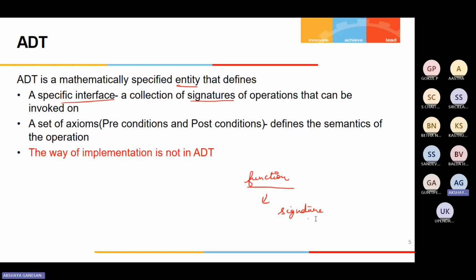Okay, how do you write a function in C? Can you tell me the syntax? How do you create a function in C?